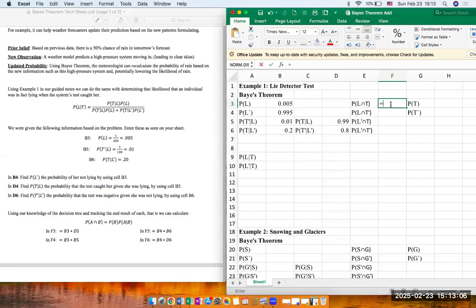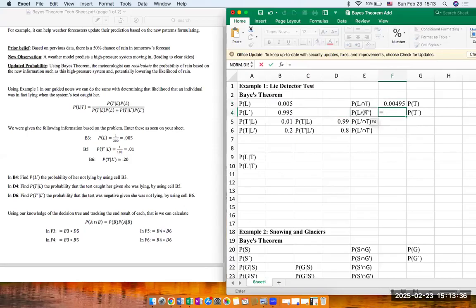So for us, in order to find the probability that we lied and got caught, it's really the condition that A, we're lying, and then multiplying it by B. We ended up over here, where we lied about it, but we still got caught. And again, that says that over here, B3 times D5, and we have that right here.